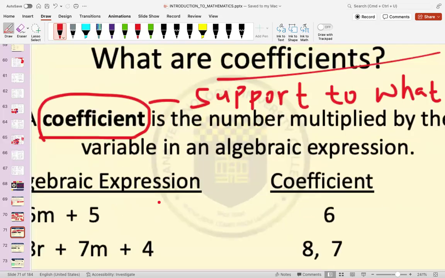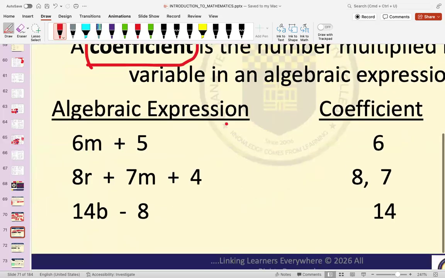When you see me write an algebraic expression like this, a combination of alphabets and numbers, 6m plus 5, if I ask you to find the coefficient, I just want the number that comes before the alphabet. So this 6 is the coefficient of this expression. Any number that supports the alphabet is called the coefficient.